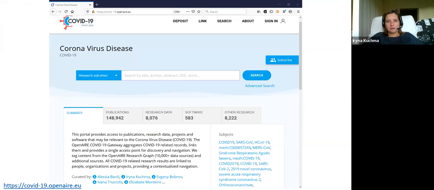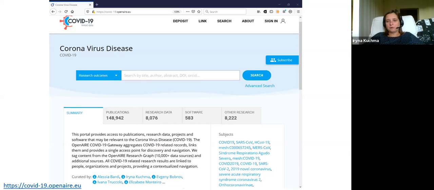And another example is COVID-19 gateways that we have. And these gateways are usually topical, so sustainable development goals or COVID-19 or marine sciences, bioimaging, agricultural sciences, social science and humanities. We have over a dozen of those gateways already.